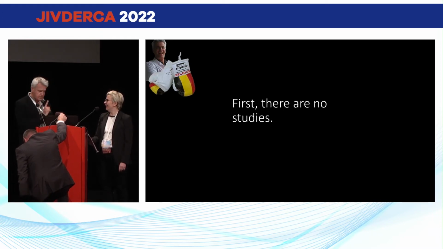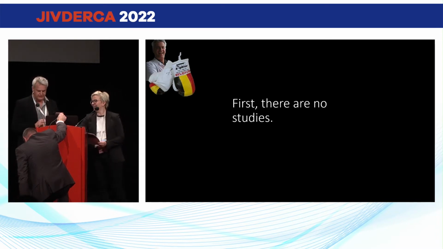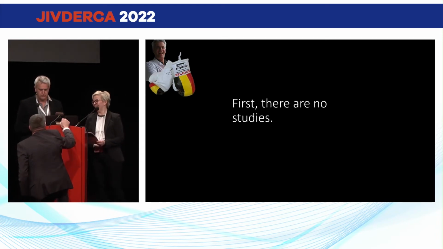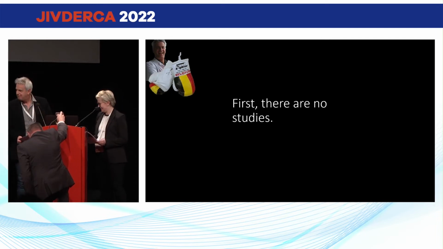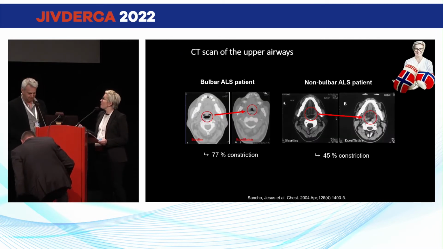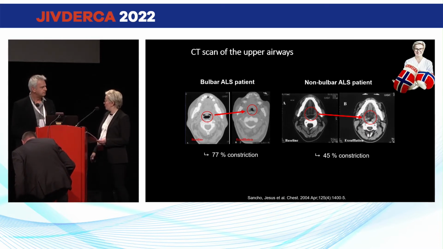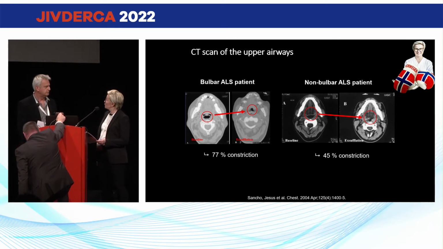First of all, I'm quite sure that there are no studies to support any evidence on that. Oh, poor Michel. Haven't you opened your computer during the last 20 years? Already in 2004, Jesus Sancho from Valencia in Spain looked up and visualized the upper airways.